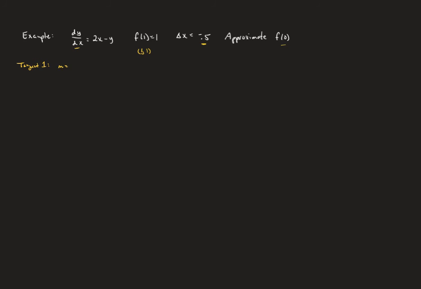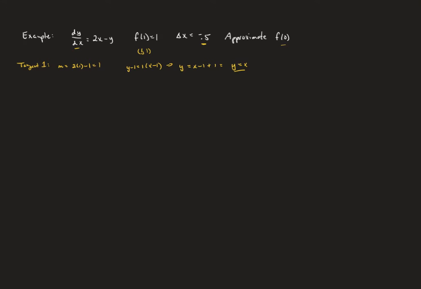If we plug in 1 for x and 1 for y, we get 2 times 1 minus the 1, which is 1. So our slope is 1 and our point is (1, 1). So y minus 1 is equal to the slope times x minus 1, which gives y equals x minus 1 plus 1. So our tangent line is just y equals x.